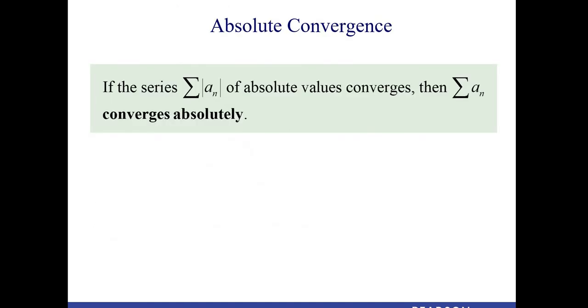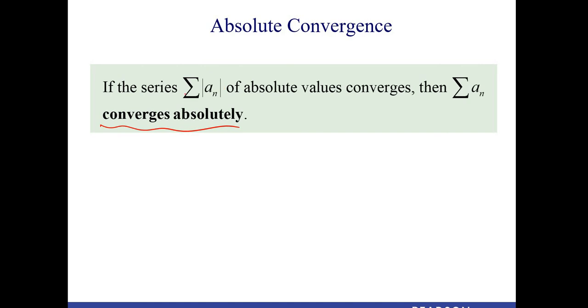All right, absolute convergence. If the series of the absolute value converges, then the series without the absolute value converges absolutely. Another term that we use. We have talked about convergence. Now we're talking about absolute convergence.